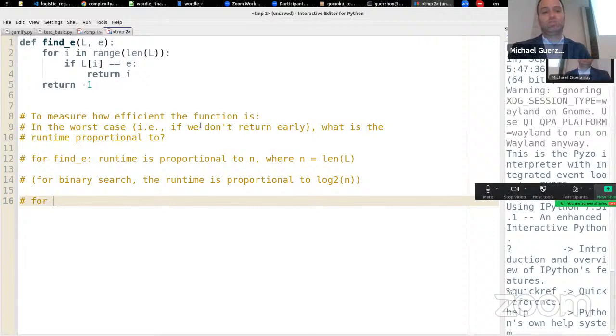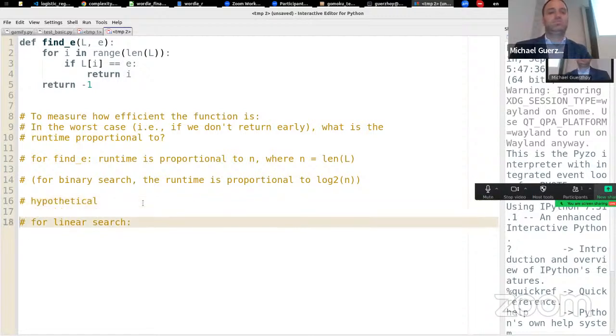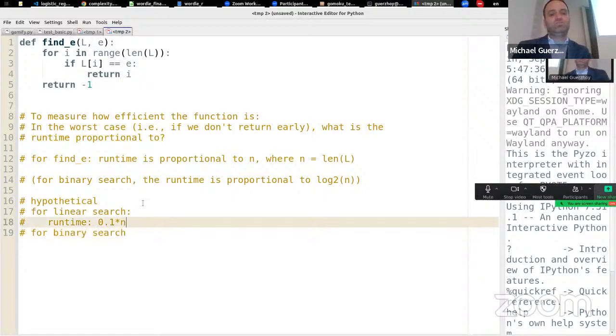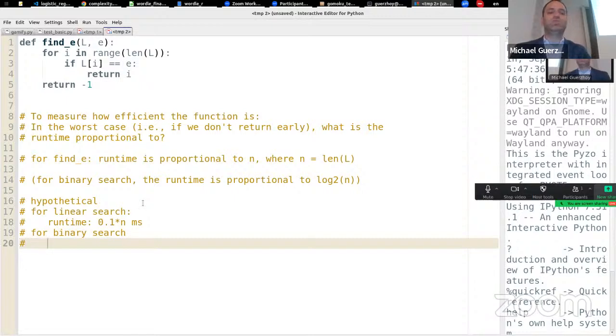imagine that for linear search, so this is linear search. Even if the runtime, so this is hypothetical, let's say it's like 0.1 times n, and let's say that for binary search, depends on the units, like milliseconds or something. So these are different made up numbers from before.